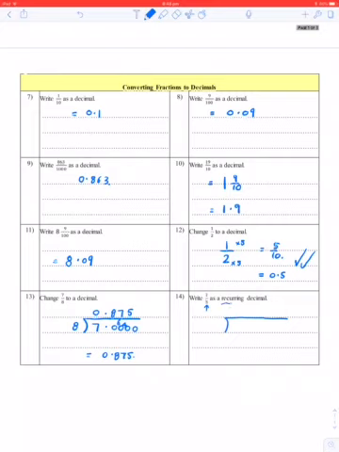When the question asks to convert it to a recurring decimal, it's giving you a hint. It's telling you that you're going to have an answer that's going to be ongoing.